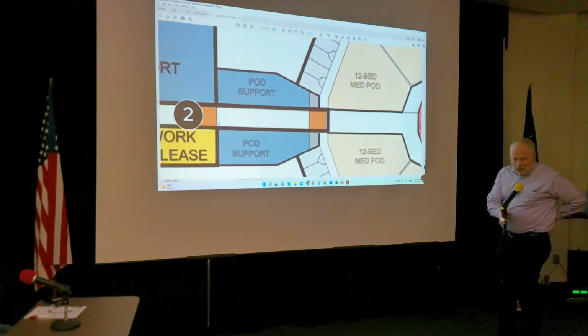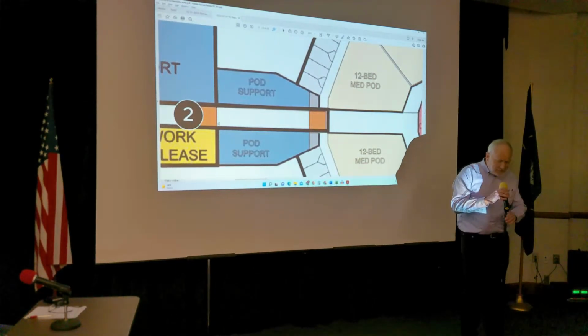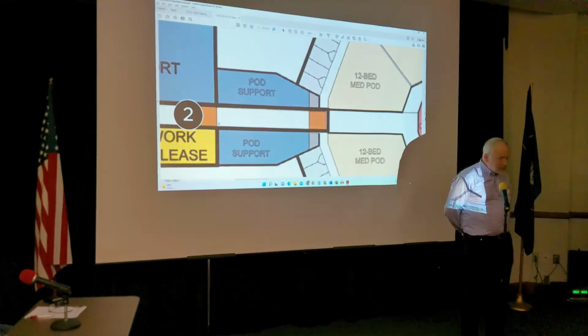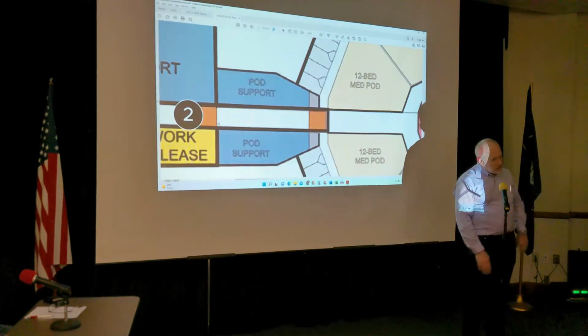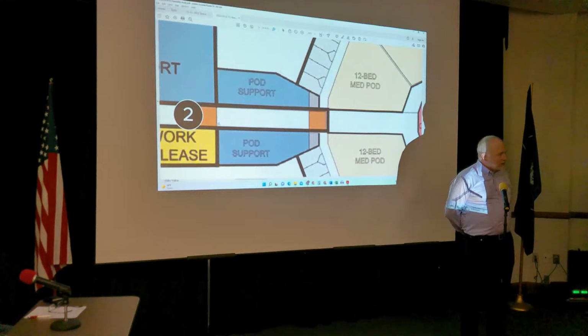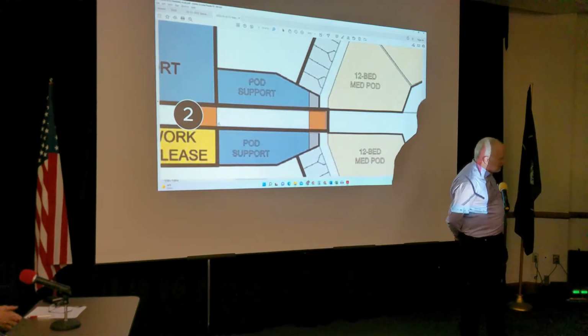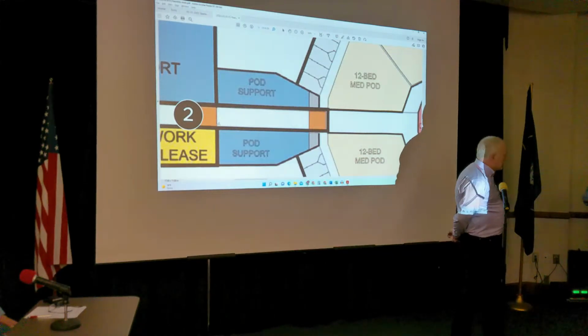So the pod support, because they're multi-story buildings, technically almost four, we have stairs, elevators, mechanical shafts, and other ancillary functions. It's not offices.